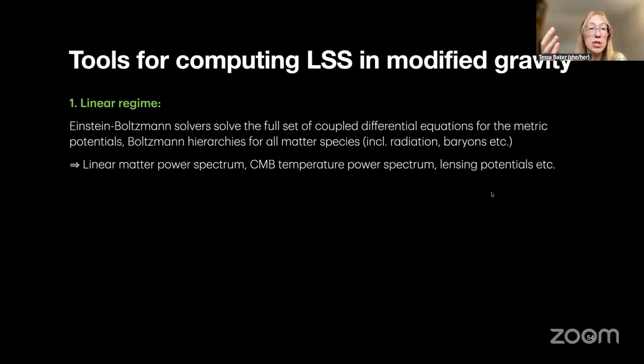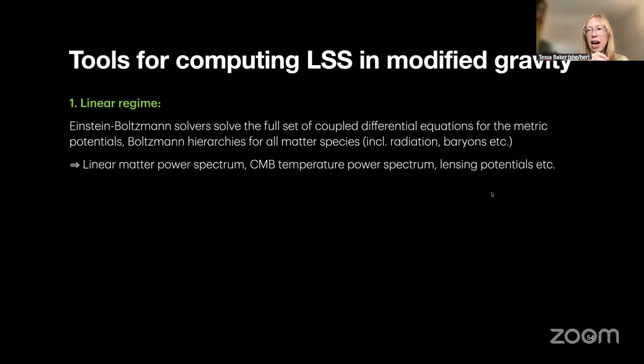And for some of those species, like neutrinos, you have to solve a full Boltzmann hierarchy for the modes of their distribution. Hence the name Einstein-Boltzmann solver, because it solves the Einstein equations and the Boltzmann equations. And this tool is your fast way to compute all of the observables we've been speaking about so far. So the linear large-scale matter power spectrum, the CMB temperature power spectrum, including that ISW plateau, and also lensing potentials, etc.